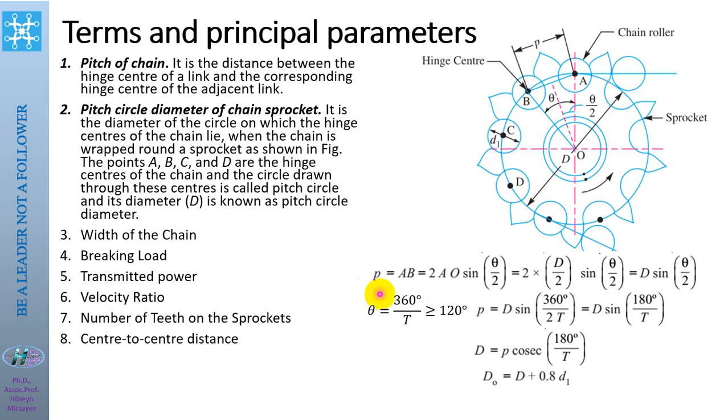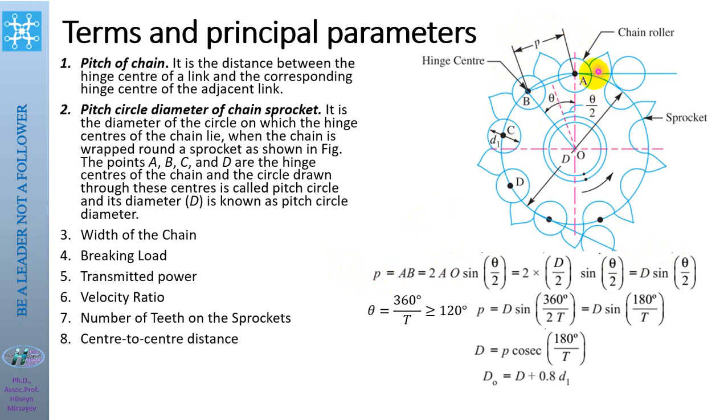For the design of chain drives, the velocity ratio, transmitted power, and speed of the driving shaft may be given as input parameters. The pitch of the chain may be calculated from these figures.